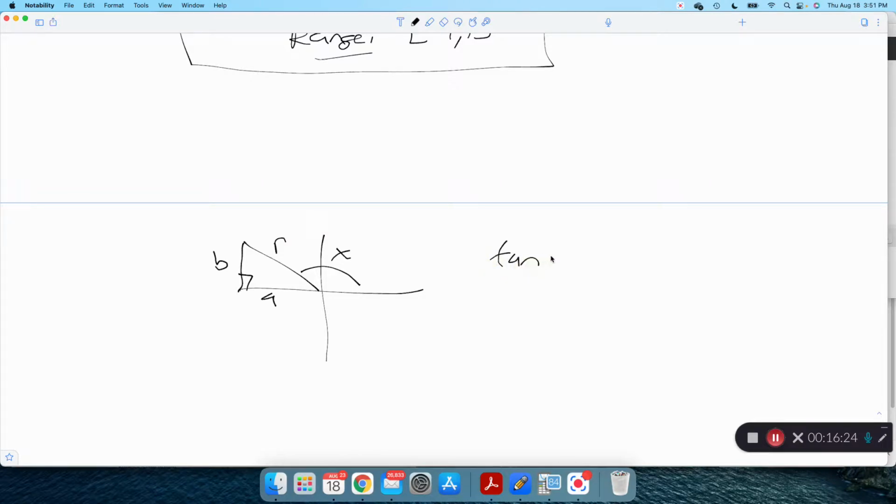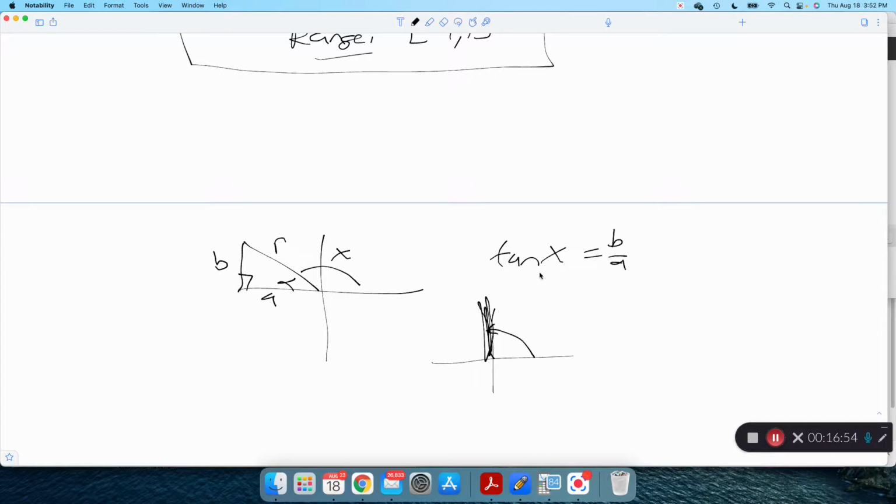Then tangent of x will be, from the reference angle, opposite over adjacent, B over A. Now we are going to run into issues here because sometimes A might be 0. Anytime we're on this vertical axis, like if my angle looked like this, I'm straight up and down, A is 0.